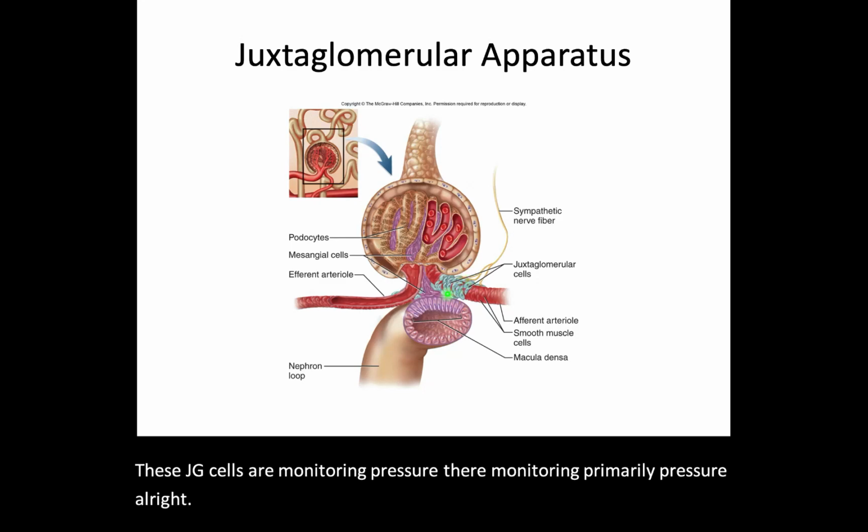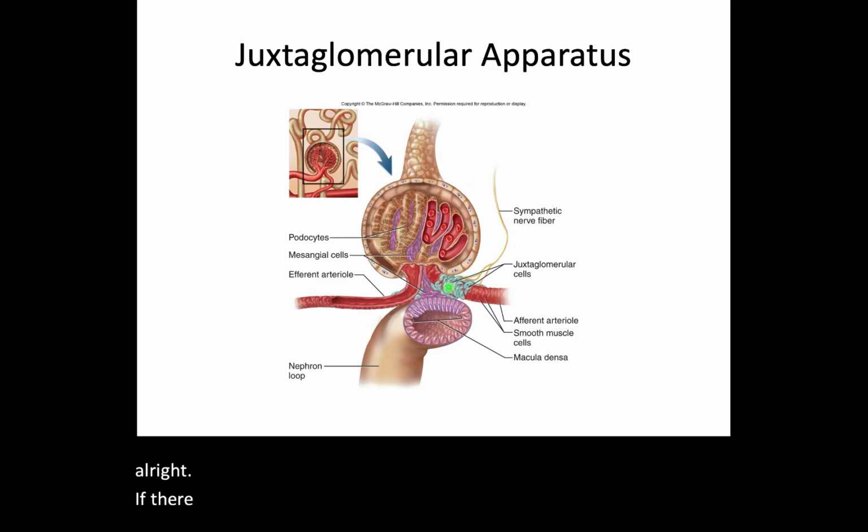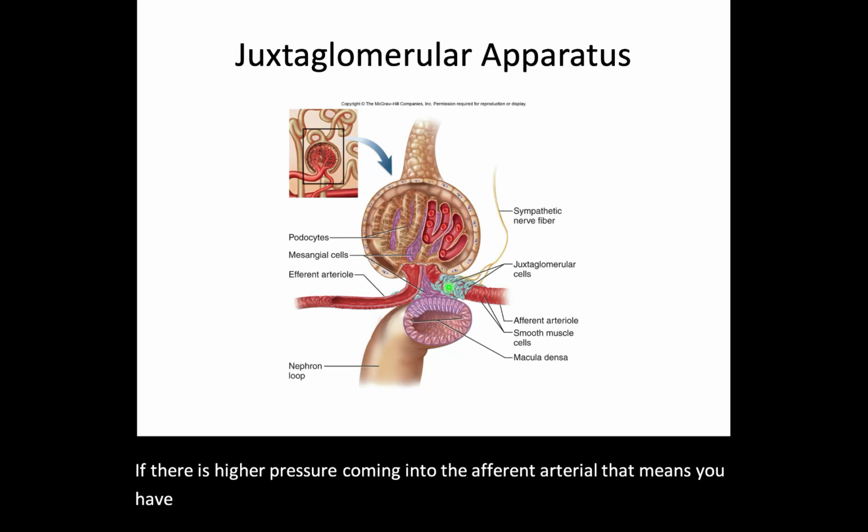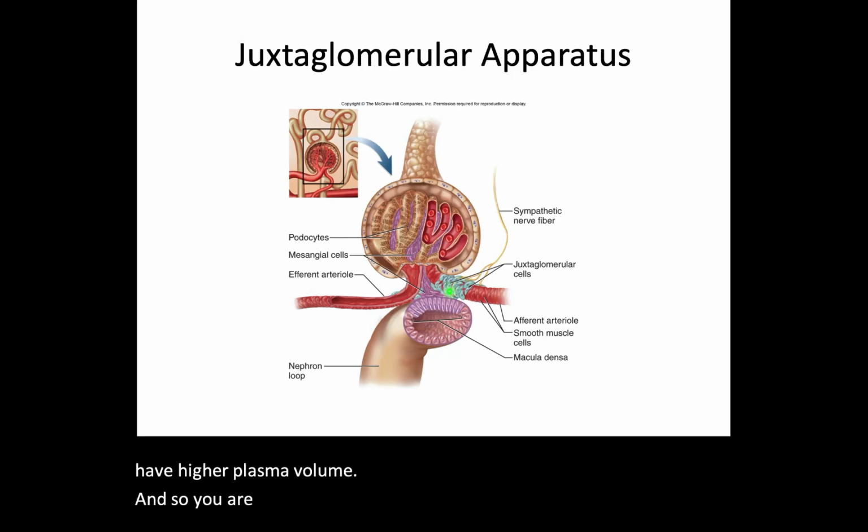If there is higher pressure coming into the afferent arteriole, that means you have higher plasma volume. And so you are going to increase the rate of filtration in the glomerulus. How do you do that?